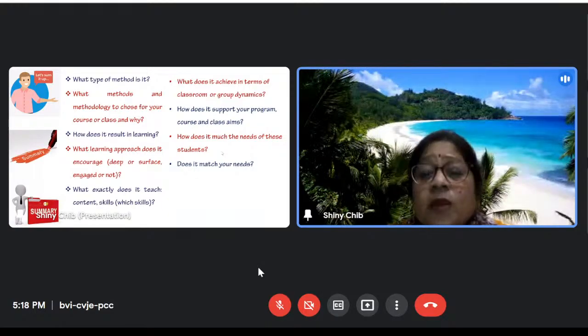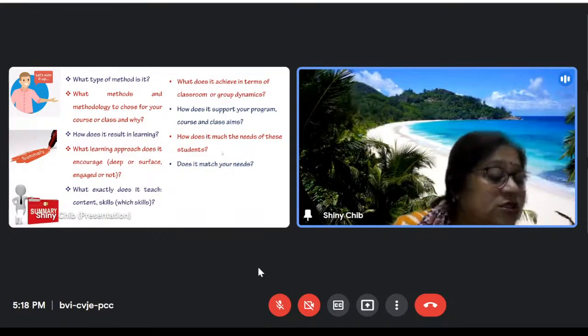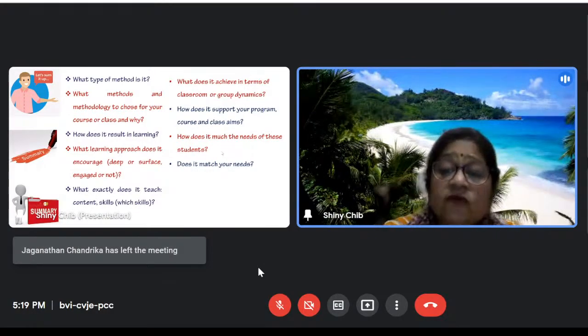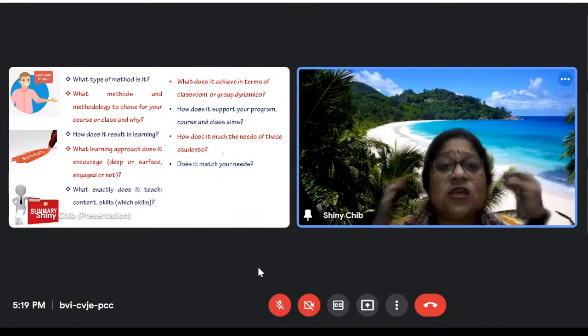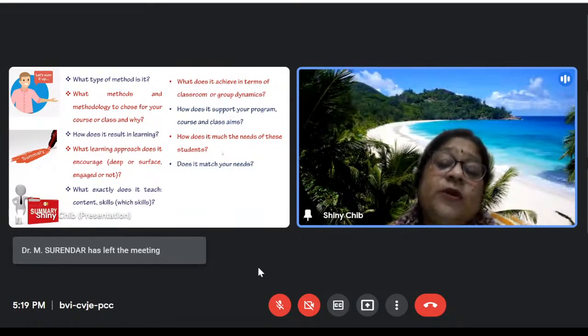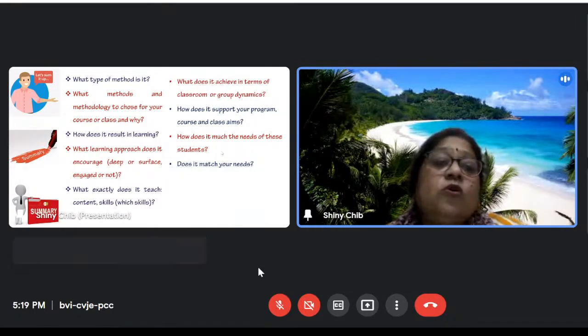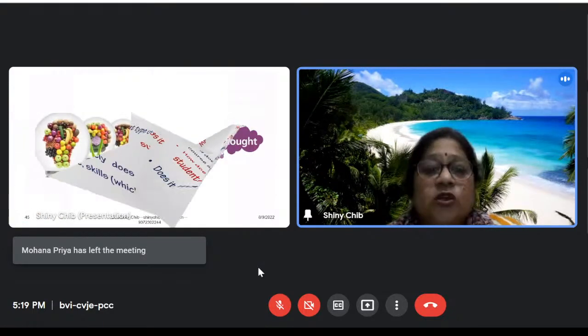And when you are making the groups, it should be a mixed match, so each and every student will be getting an opportunity. Fine, and ultimately you need to see whether it is matching your needs. So these are the few points you need to consider when you are focusing on the activities which you will be using in your class in order to demonstrate Bloom's taxonomy and outcome-based education.